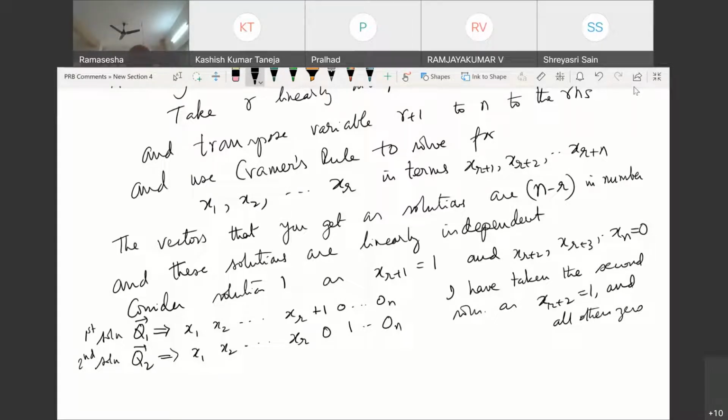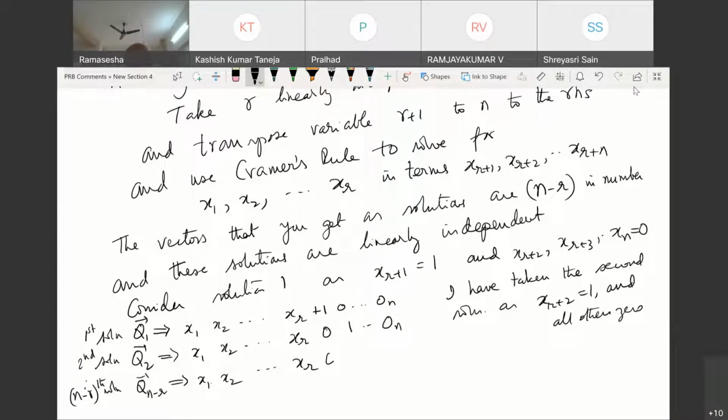Similarly, I can write down the (n minus r)th solution Qn minus r as x1, x2, ..., xr, 0, 0, 1.